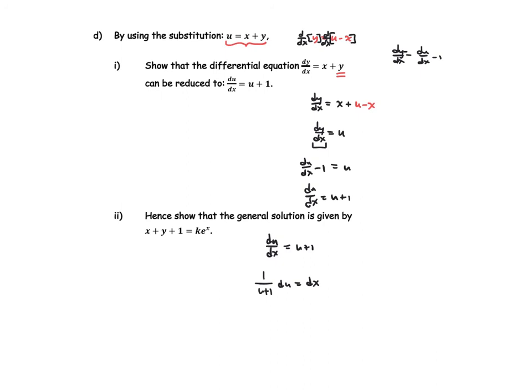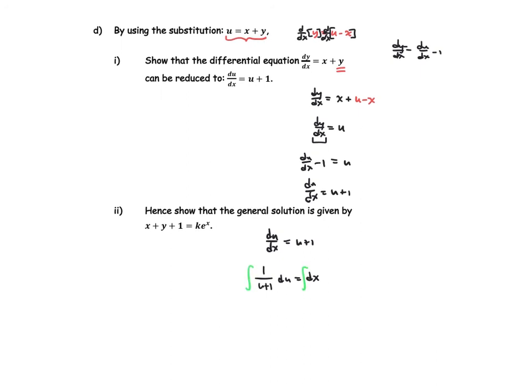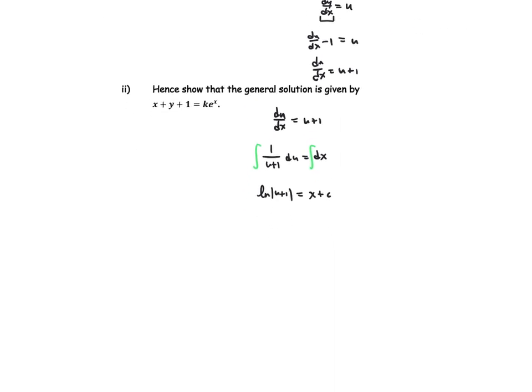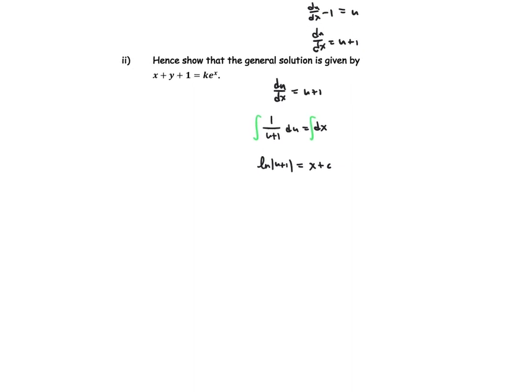Now I've got a separable differential equation, or it has been separated, and I want to show that the general solution is given by x plus y plus 1 equals k e to the x. Okay, so the integral of 1 over u plus 1 is the natural log of u plus 1. The integral of dx is x plus c. I wonder if we're given an initial condition. We are not. Okay, that's where the k is going to come into play.